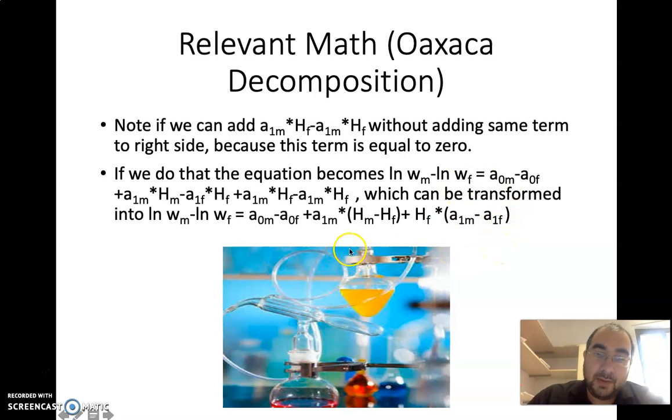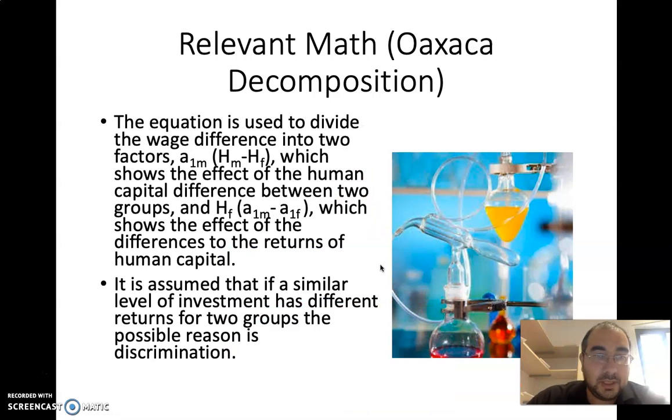So now we have one term which is showing the human capital differences between the two groups, and another term which is showing the differences between the returns to human capital, since A1M is the return to the male workers' human capital increase, and A1F is the return to the female group's human capital increase.